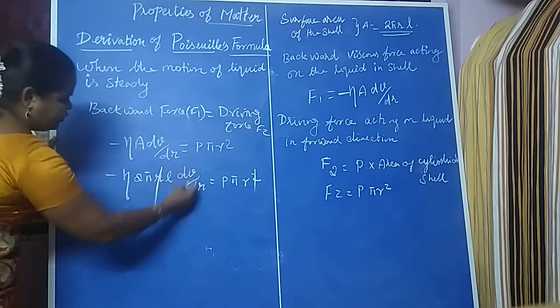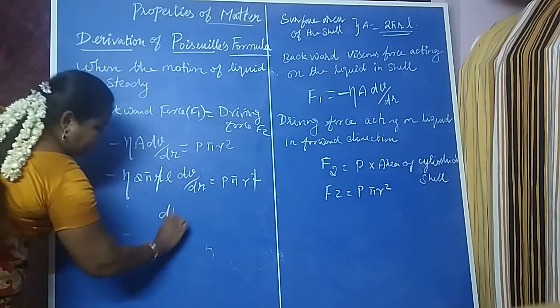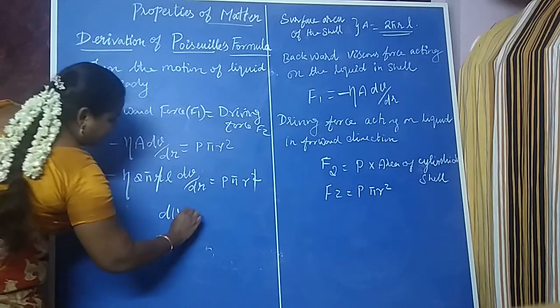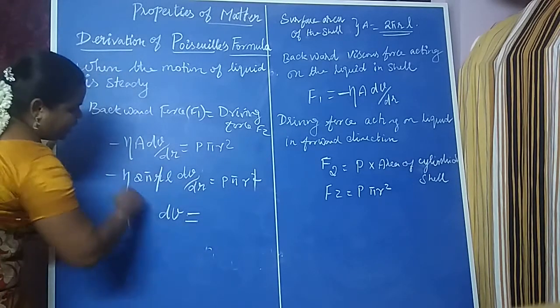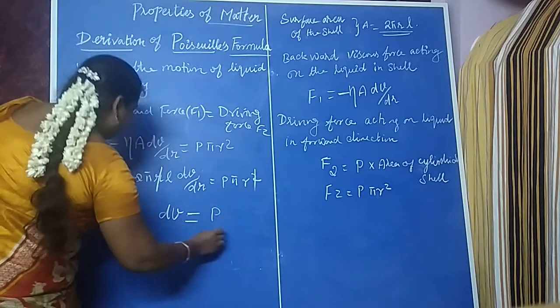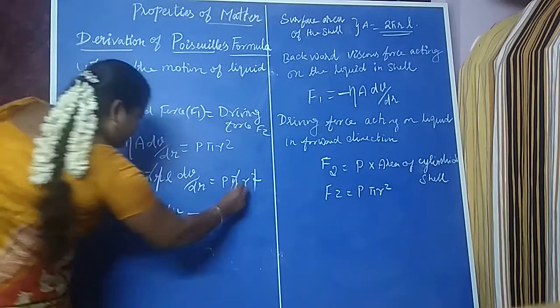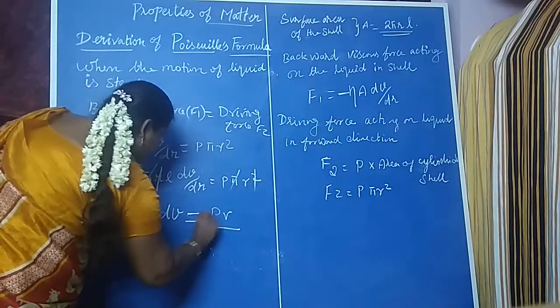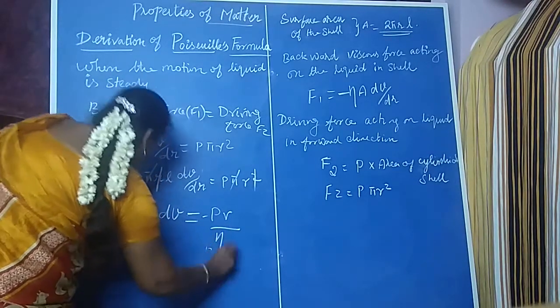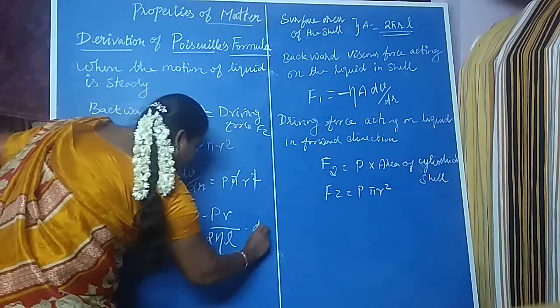Then we need the velocity of the liquid, so we keep dV on the left-hand side and bring all other terms to the right-hand side. Pi also gets cancelled. So dV equals P r divided by minus 2 eta L into dr.